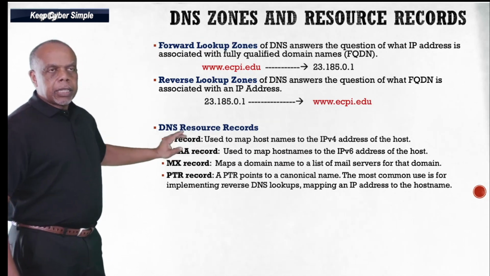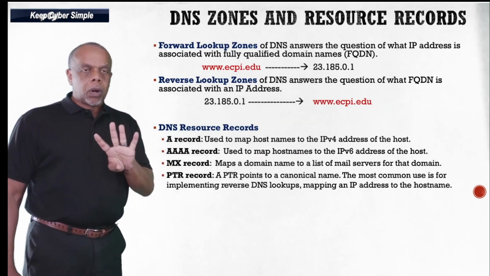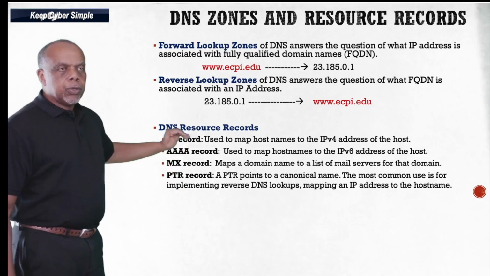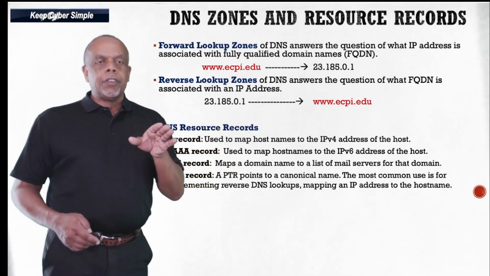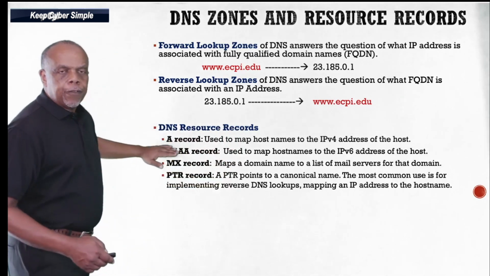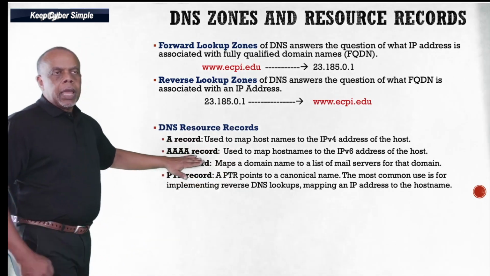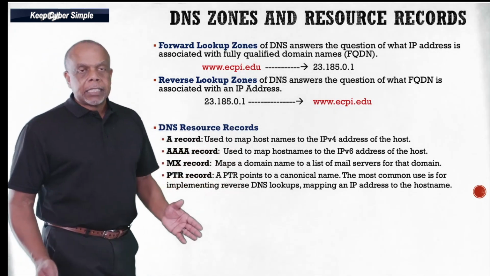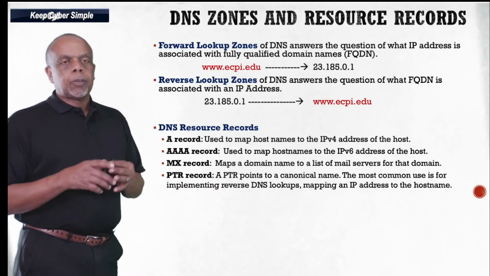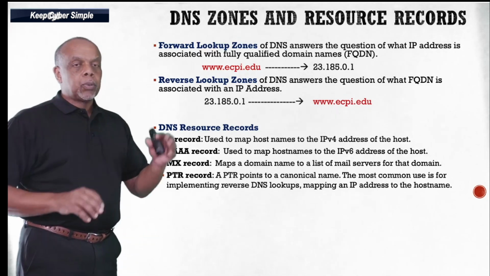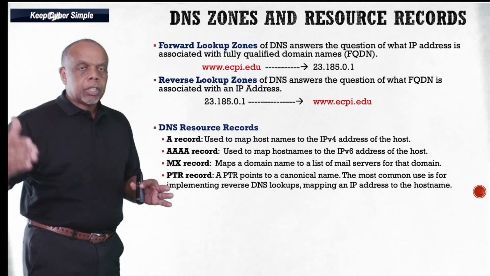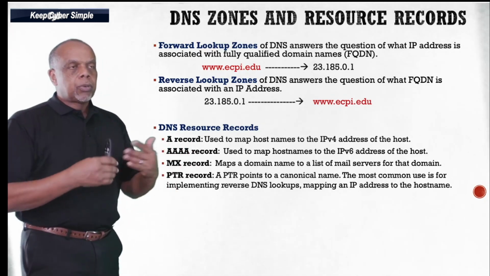An A record is used for IPv4; it maps host names to the IPv4 address. If you see the AAAA record, that's IPv6. That's the message that goes back and forth across the internet between your computer and all these different servers, and that's how it's transported.